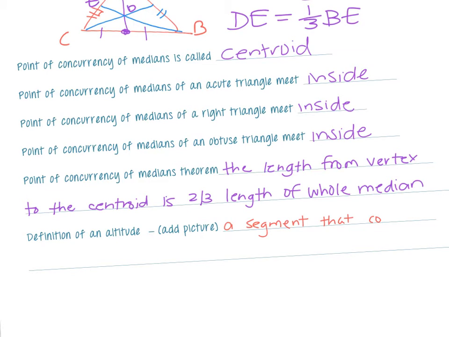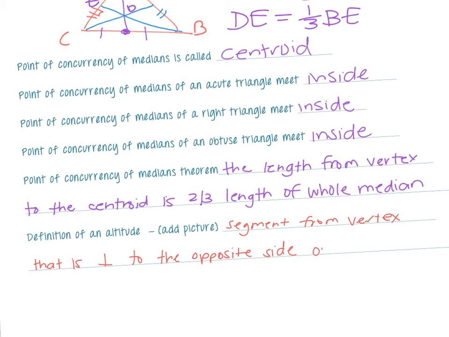A segment that goes from the vertex that is perpendicular to the opposite side or a line containing the opposite side.